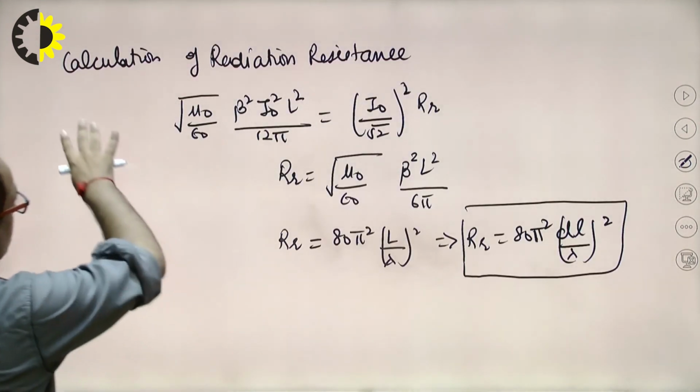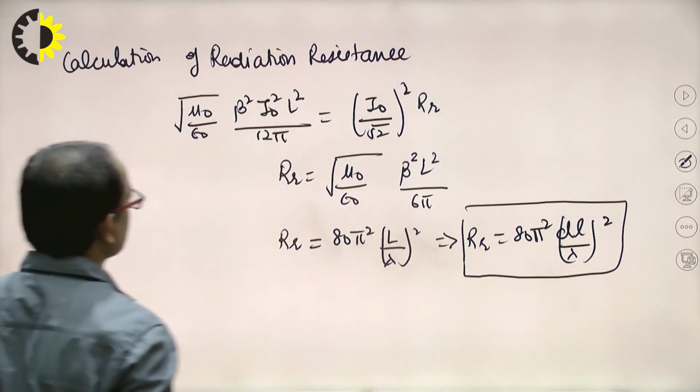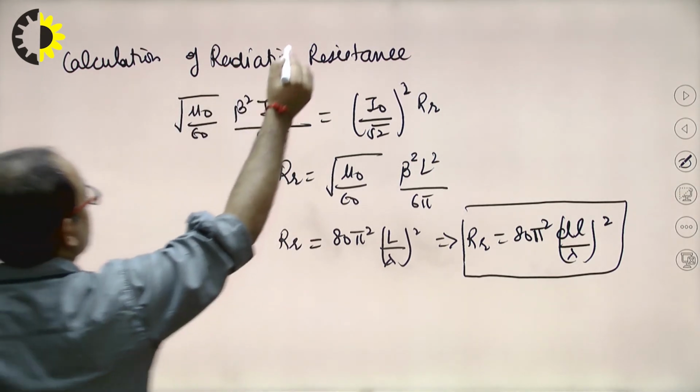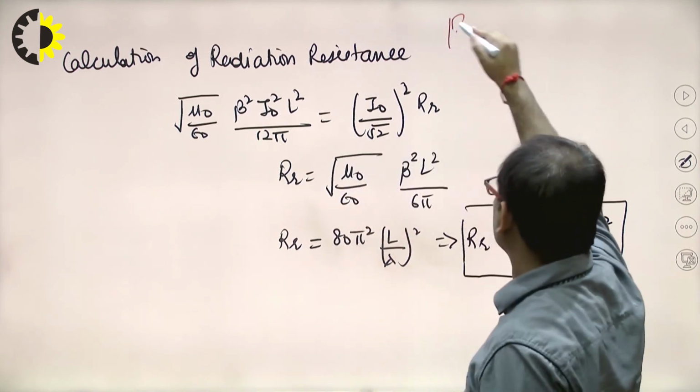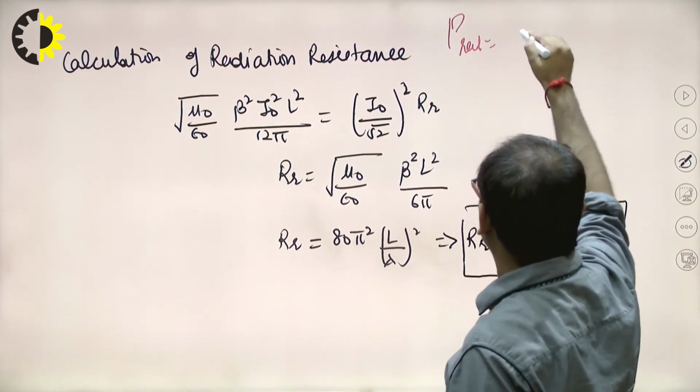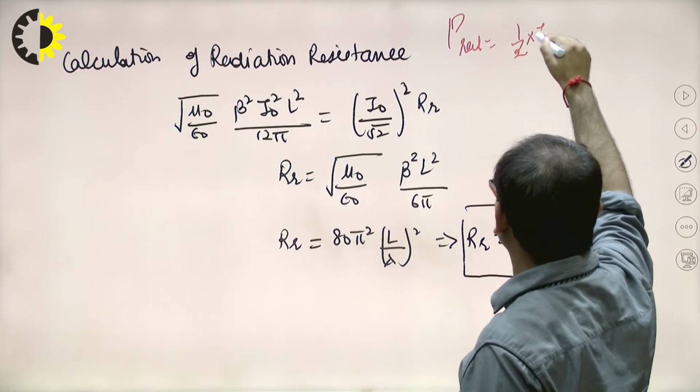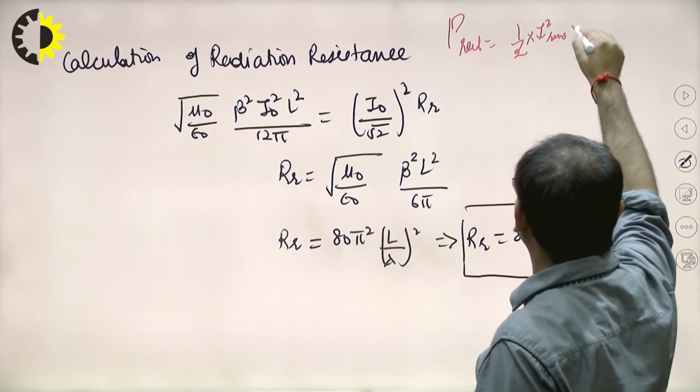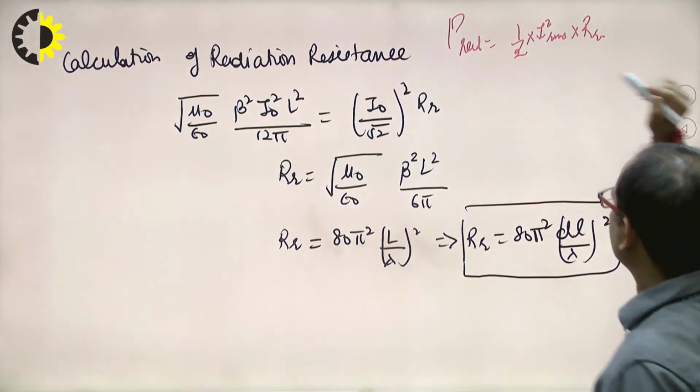Now we will calculate the radiation resistance. Total power radiated will be equal to 1 by 2 into I square RMS multiplied by the radiation resistance of the dipole. Clear?